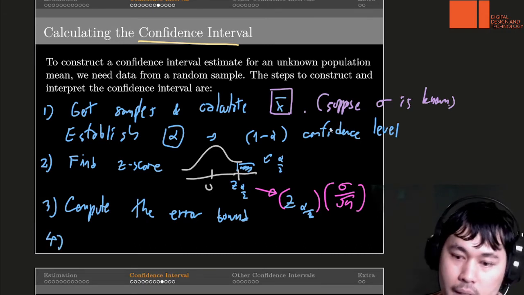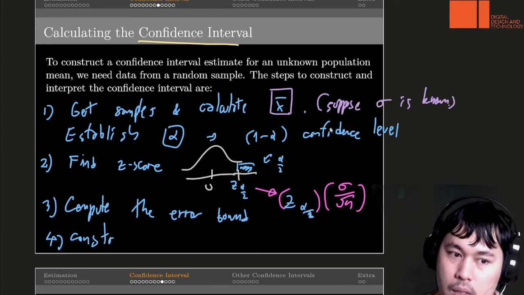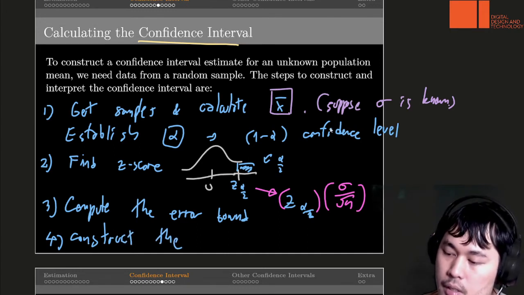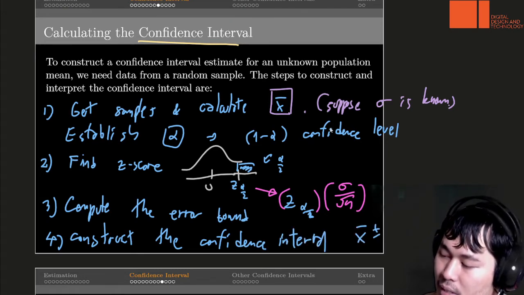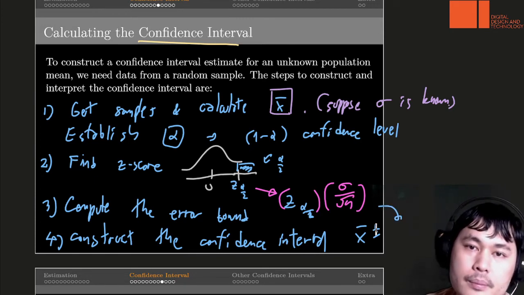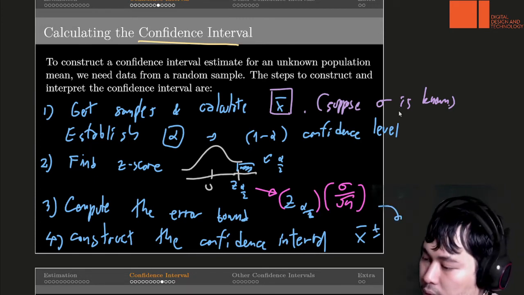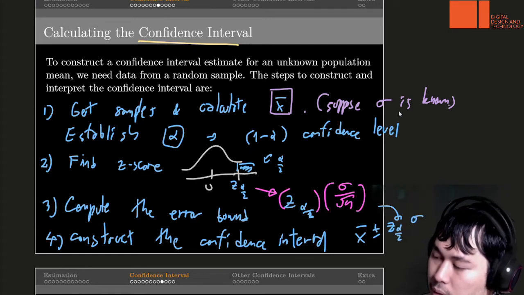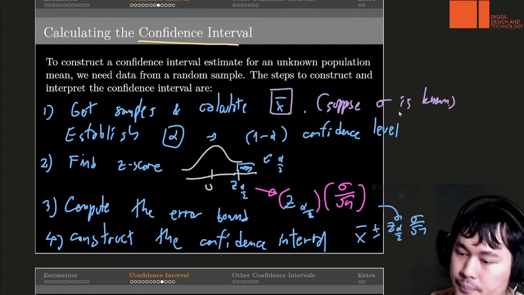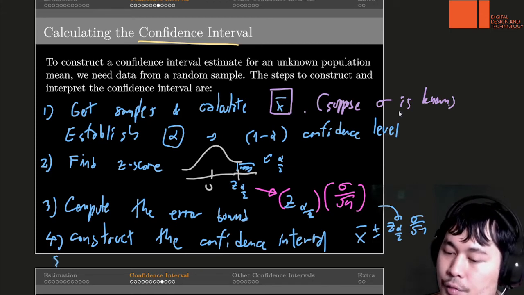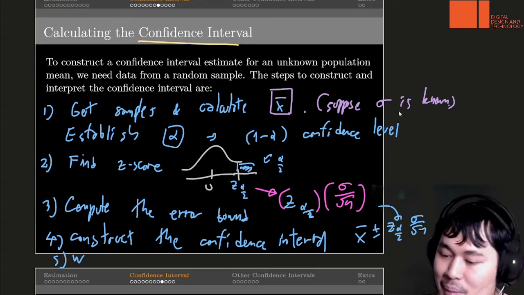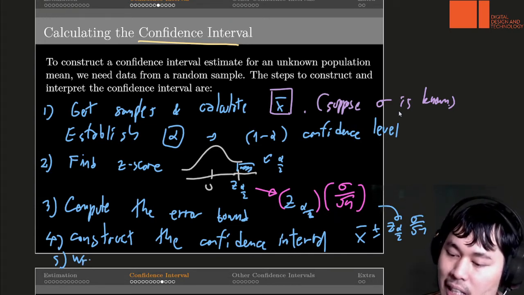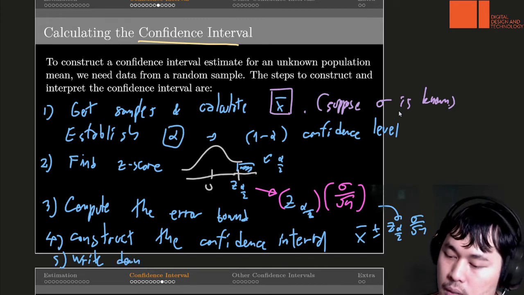And then lastly, we can construct the confidence interval, which is x bar plus or minus this error bound: z of alpha divided by 2 times sigma divided by square root of n. And the final step is to make sure that you don't just give random numbers. So you write down the conclusion.